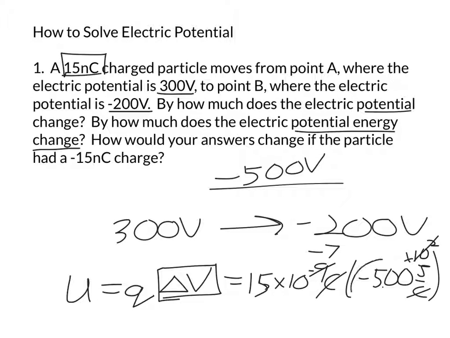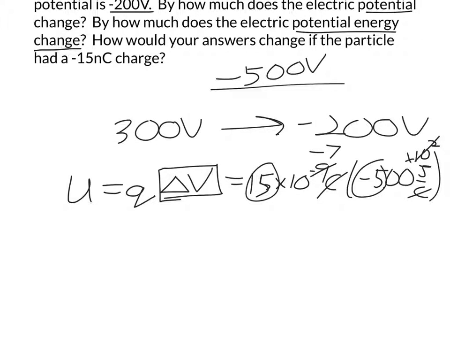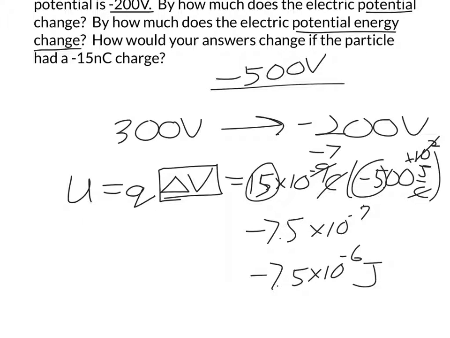Then I have 5 times 15, which is 75, or negative 75 in this case. So I'm going to have negative 75 times 10 to the minus 7, and if I put the decimal there, it becomes 10 to the minus 6, so negative 7.5 times 10 to the minus 6 joules. And that negative just means I lost that many joules.